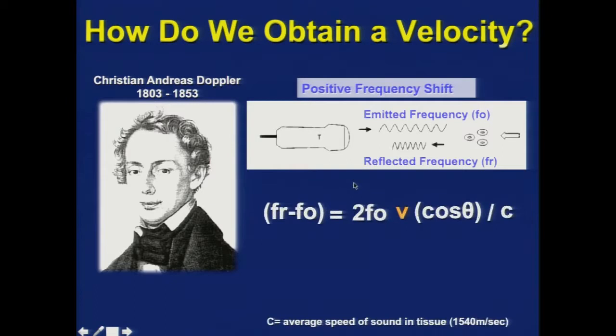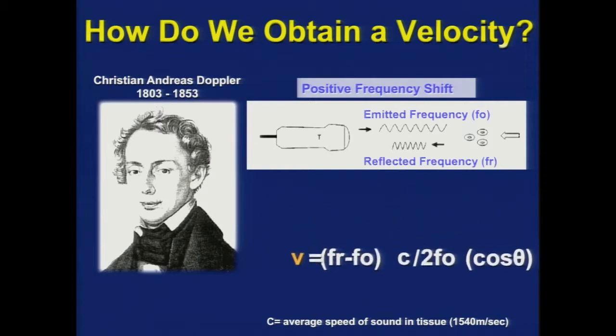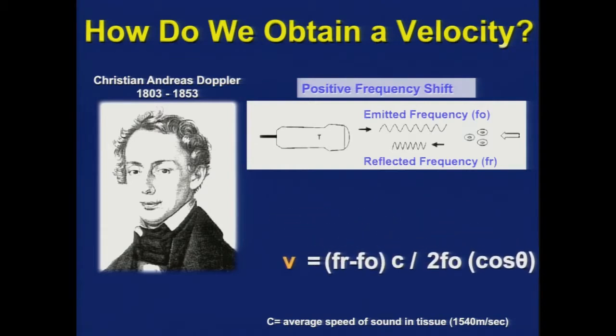This is Doppler's frequency shift equation, a common question in the board exam. You can see that anything in white is a constant, or is given to us. All we need to do then is rearrange this equation to solve for velocity.